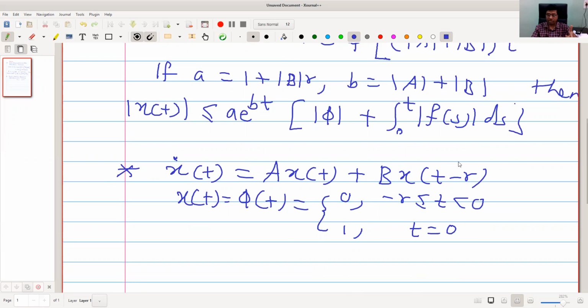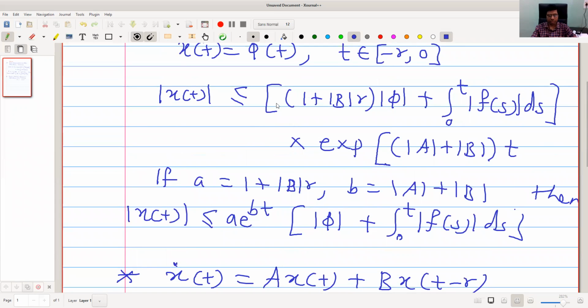Norm phi is 1. Further, f is 0. So in this case, we can see that the bound on the solution is simply a e raised to bt. Okay, norm x of t is less than or equal to a e raised to bt. Small a is 1 plus mod b r, and b is mod a plus mod b.